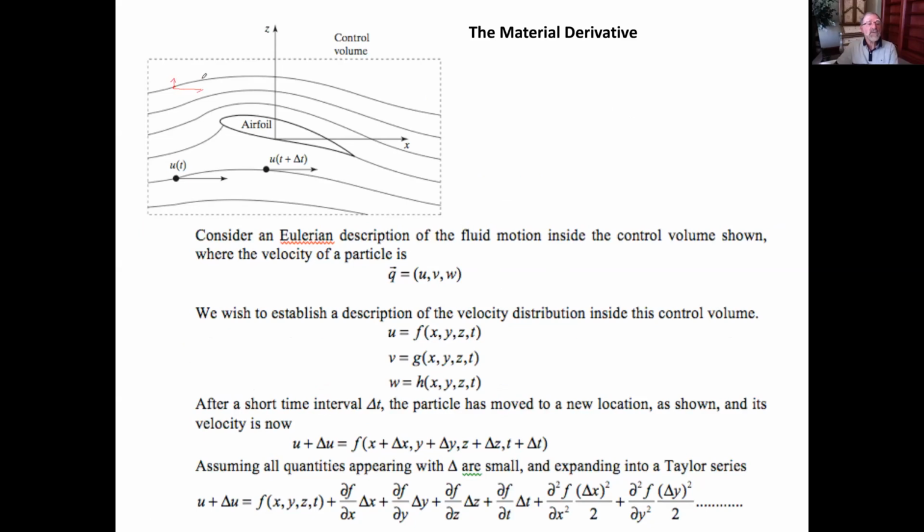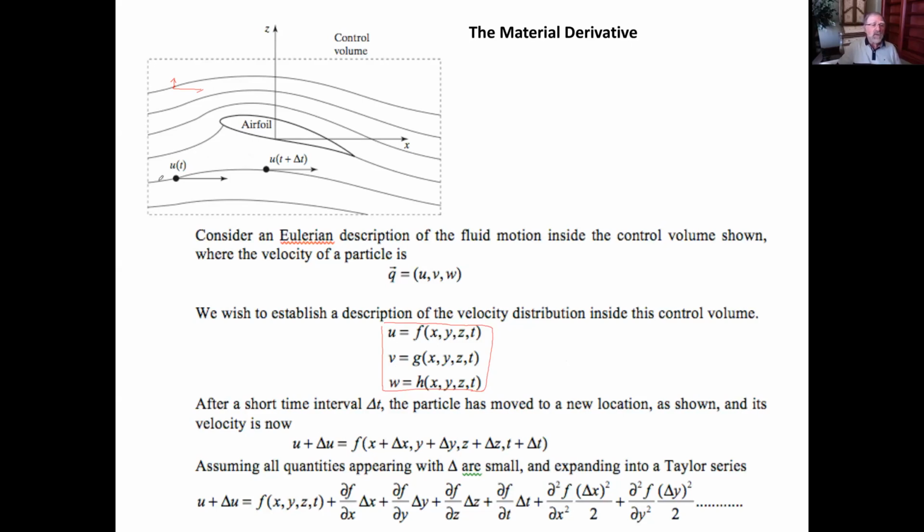If it's two-dimensional, there is nothing in y. These are the functions. Let's say they exist. And of course, the velocity vector is q, and these are the components of that velocity vector.